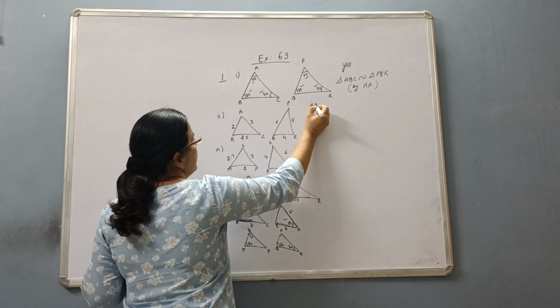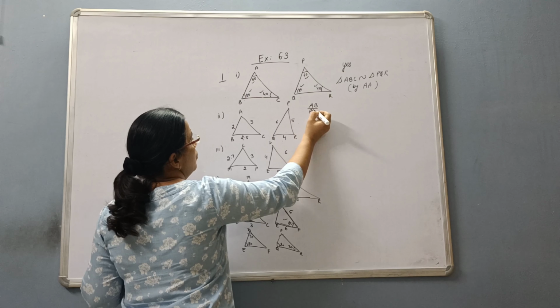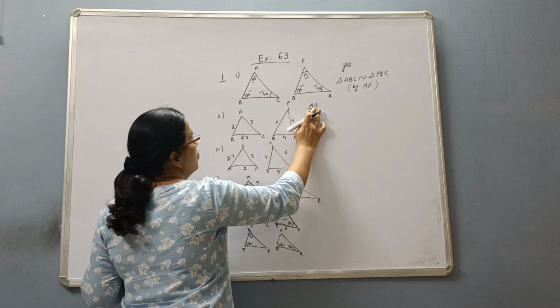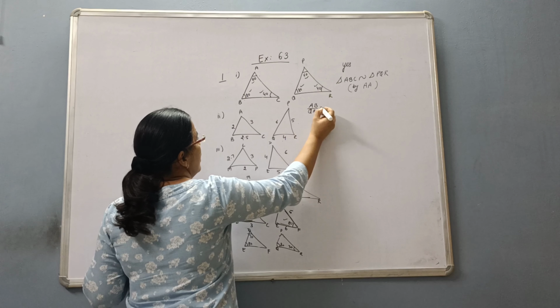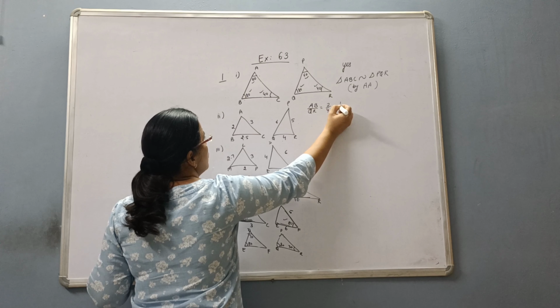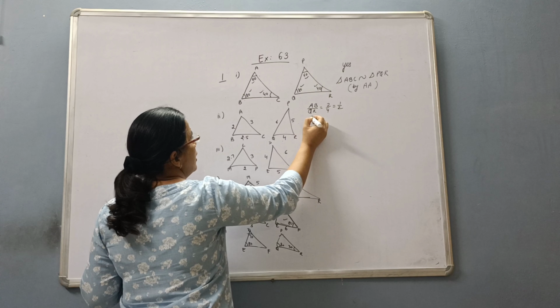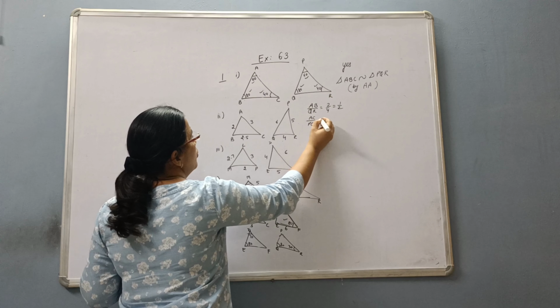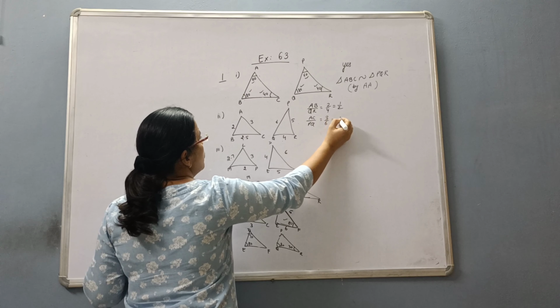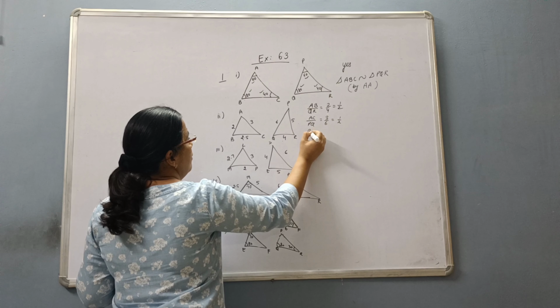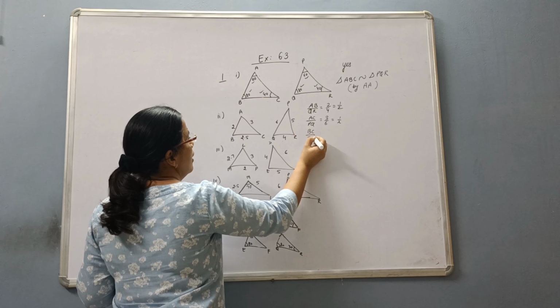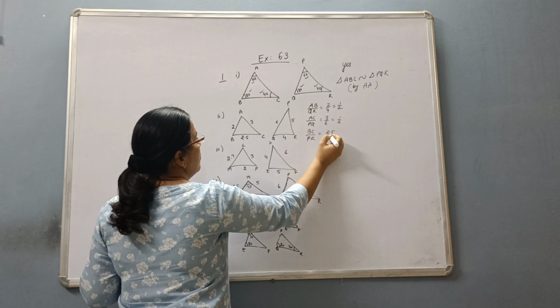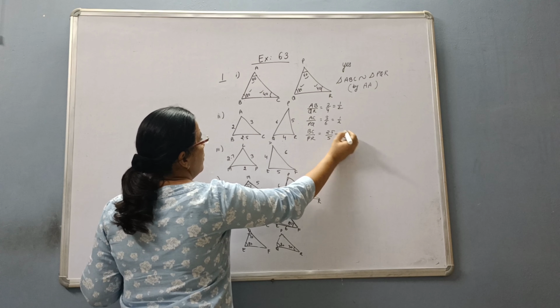Or you can write AB upon QR is 2 by 4, that is 1 by 2. In the same way, AC upon PQ is 3 by 6, that is 1 by 2. And BC upon PR is 2.5 by 5, that is 1 by 2.